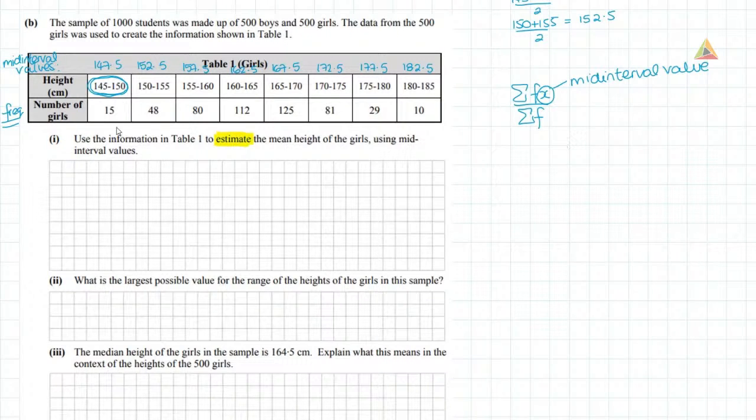So what we'd say here is we have 15 students that are an average height of 147.5. So we say 147.5 multiplied by 15, and we're going to sum them.